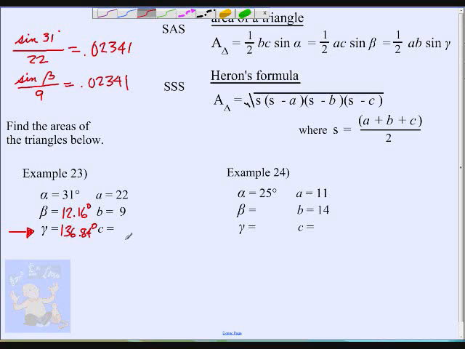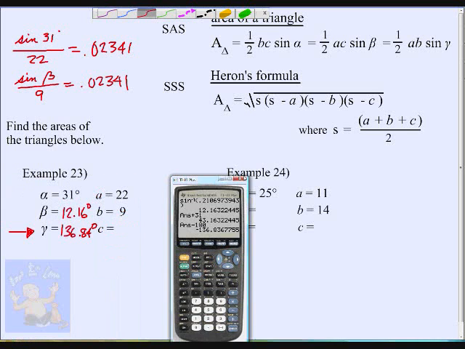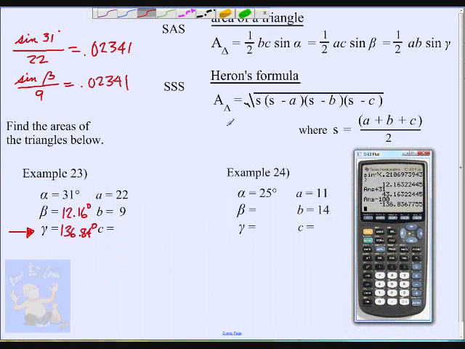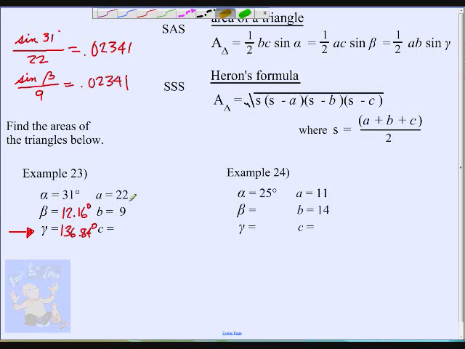Now I could use SAS to find the area. Let's do it. Which one am I going to use? I've got A and B, and now I've got gamma.